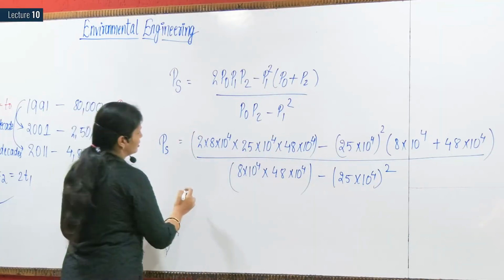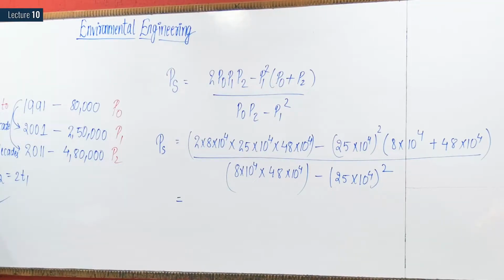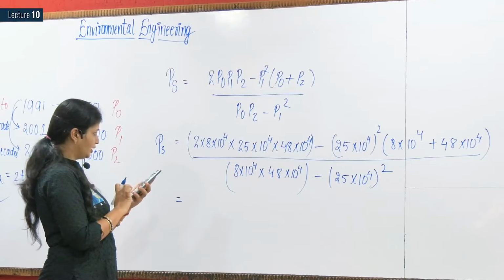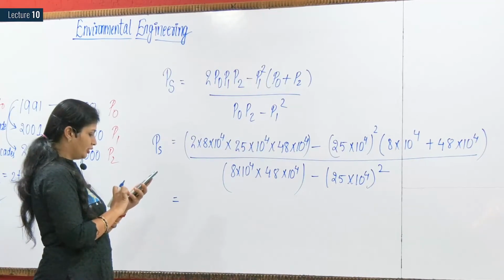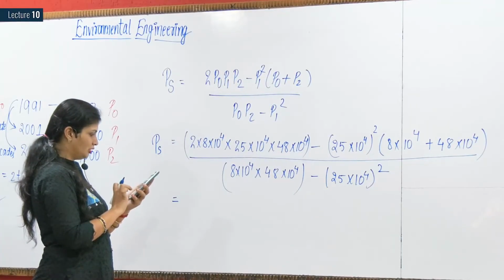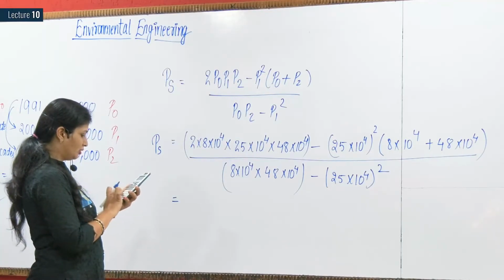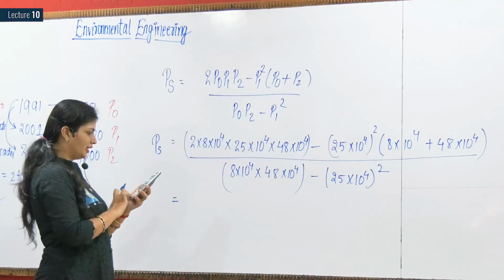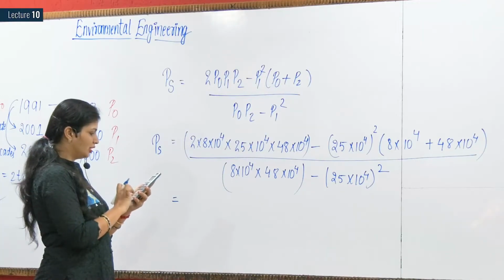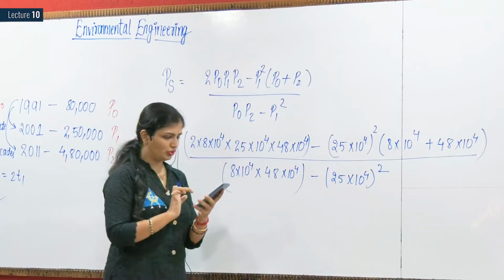So we'll solve this on the calculator: 2 into 8 into 10 raised to power 4 into 25 into 10 raised to power 4 into 48 into 10 raised to power 4 minus 25 into 10 raised to power 4 square, into 8 into 10 raised to power 4 plus 48 into 10 raised to power 4, divided by 8 into 10 raised to power 4 into 48 into 10 raised to power 4 minus 25 into 10 raised to power 4 whole square.